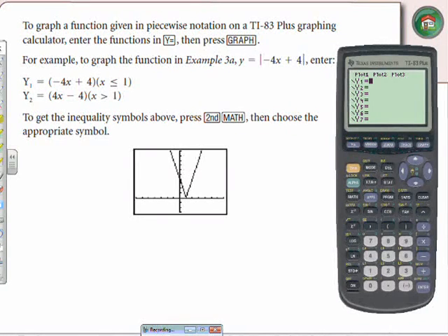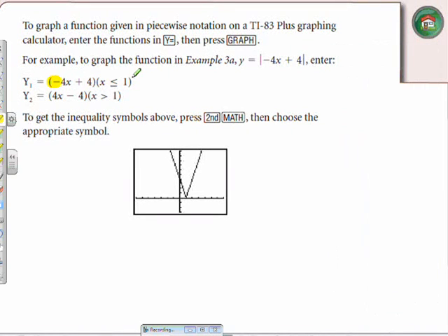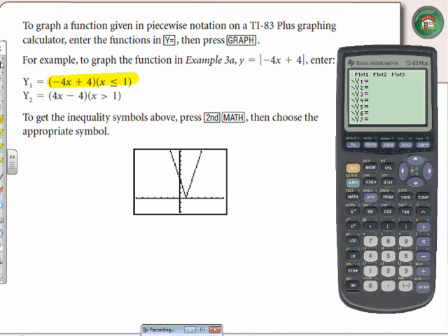Okay, so in order to use your calculator to graph a piecewise function, go into the y equals, and we're going to plug in each of the two different sections. So section 1 and section 2. So bracket, negative 4x plus 4, end your bracket.